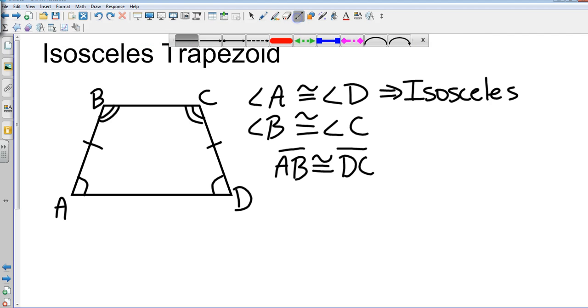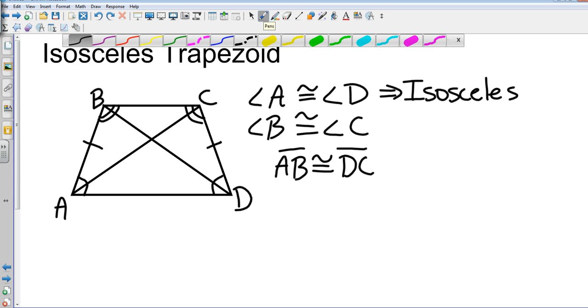And there's one more condition that would make this an isosceles trapezoid. If my diagonals are congruent, if that diagonal is congruent to that diagonal, then that also makes it an isosceles trapezoid.